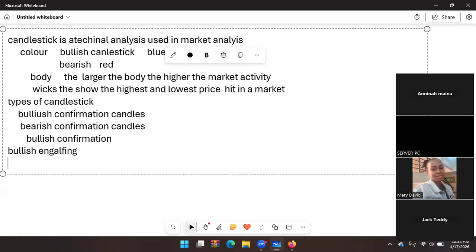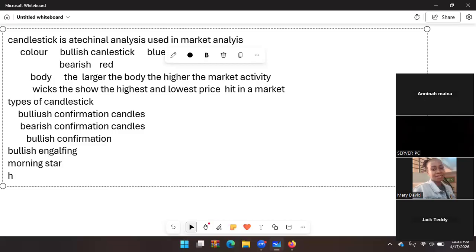Number two, we have a morning star. Number three, we have a hammer.